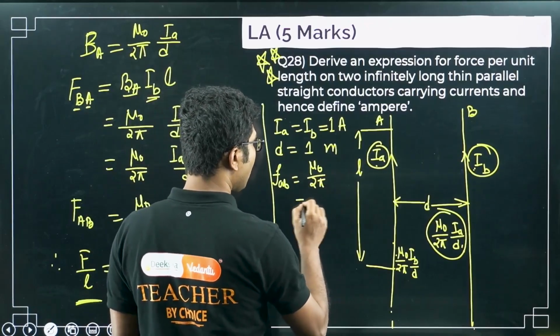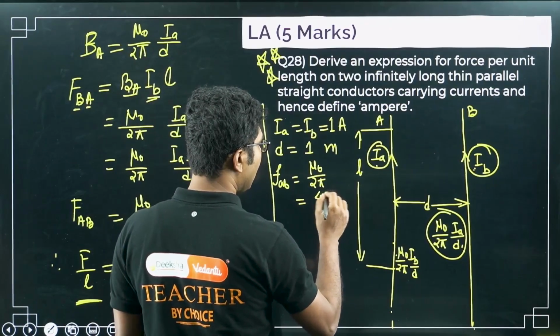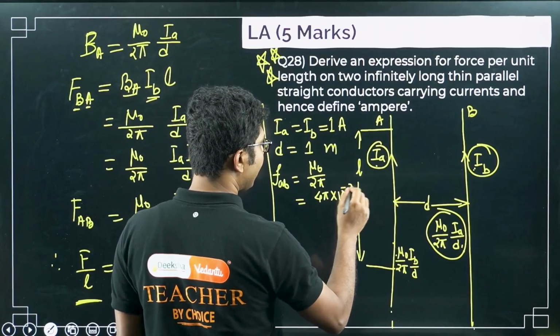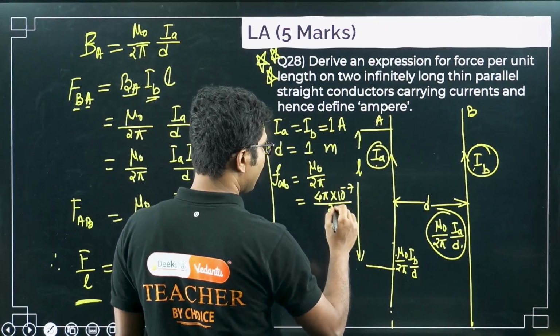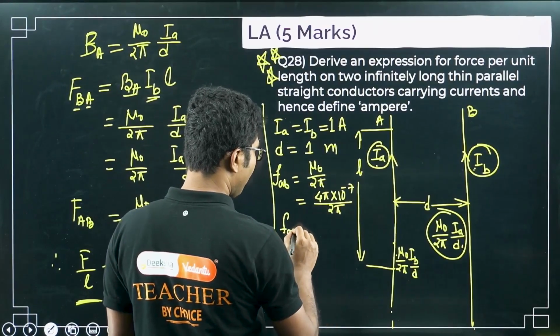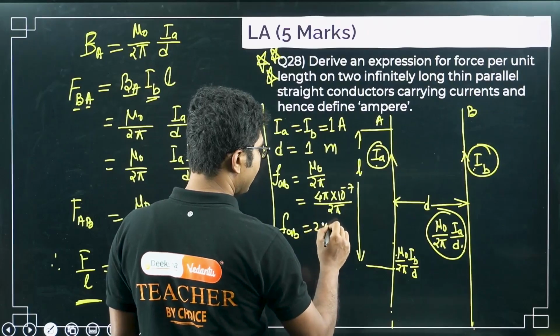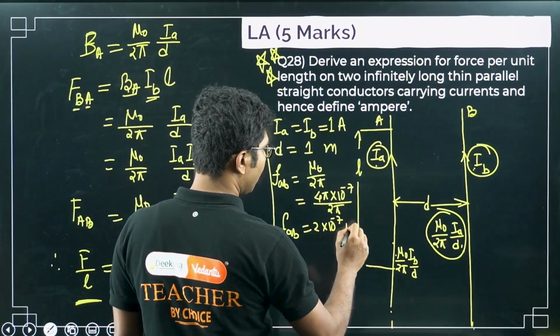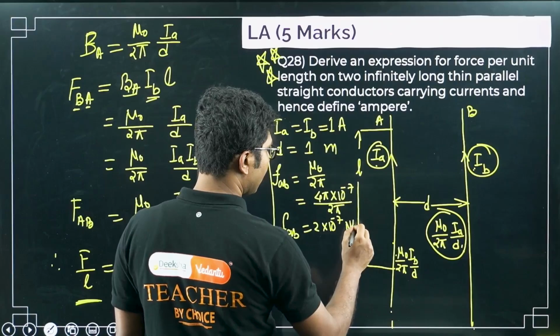Now what is mu naught? Mu naught is 4 pi times 10 to the power of minus 7, divided by 2 pi. So force per unit length will become 2 times 10 to the power of minus 7 Newton per meter.